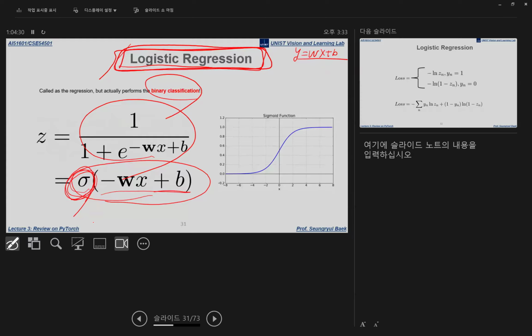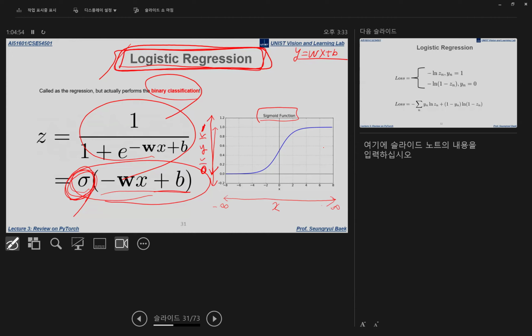This is the sigmoid function, and I already told you that its x variables are defined from minus infinity to infinity, but its y variables are bounded to 0 and 1.